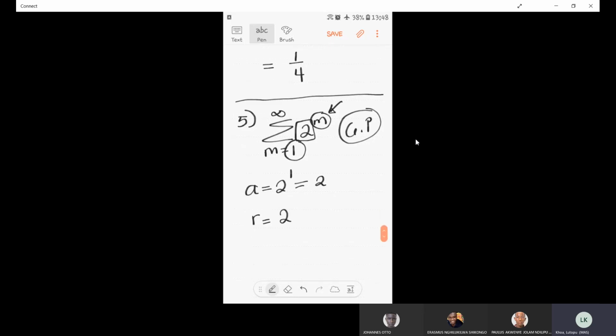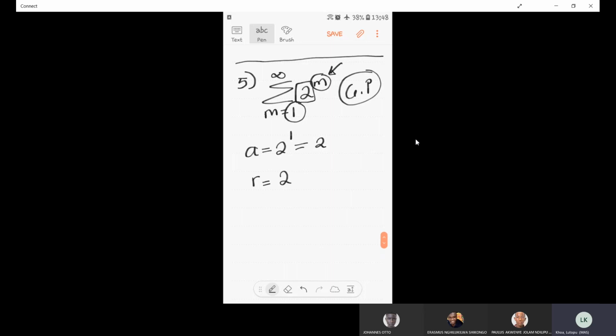So I need to test, does this sum to infinity exist? So I take my absolute value of r, absolute value of 2, this is equal to 2. 2 is not less than 1, therefore the sum to infinity does not exist. Okay, so that's how you'd write it. The sum does not exist.